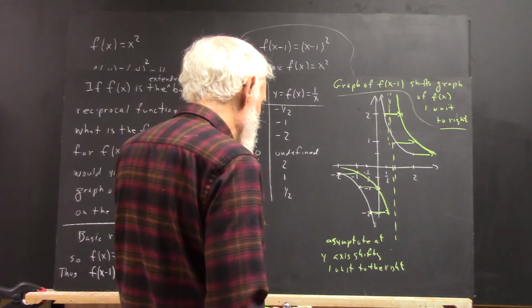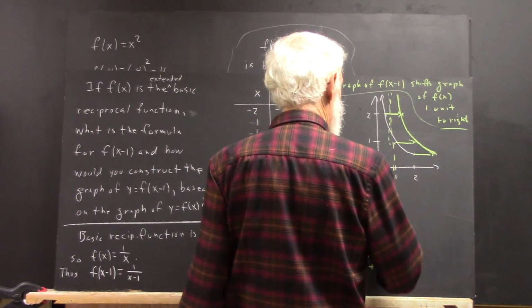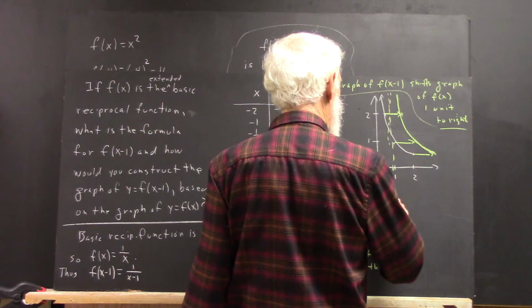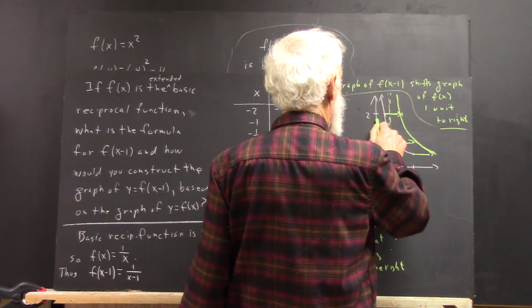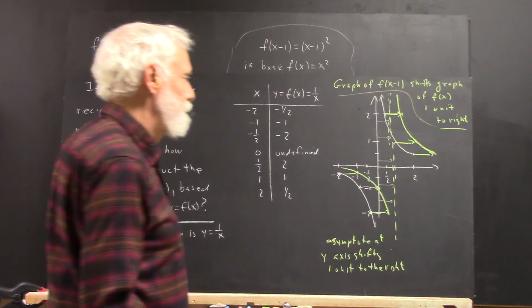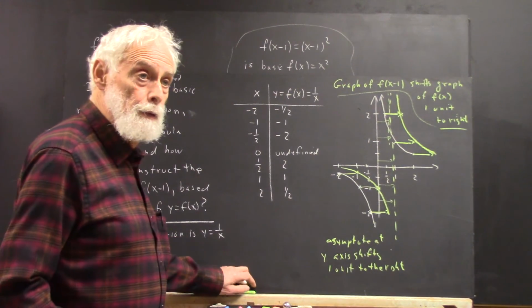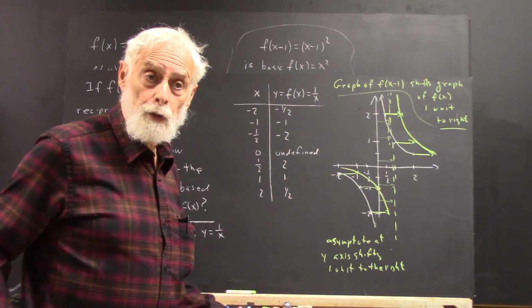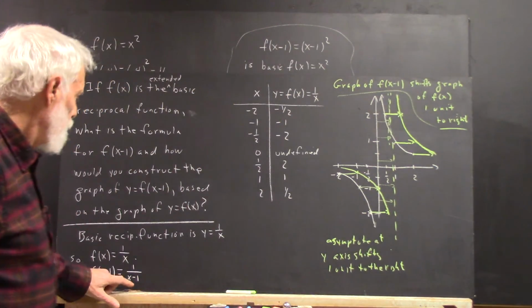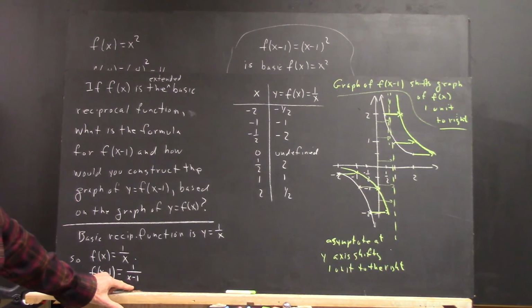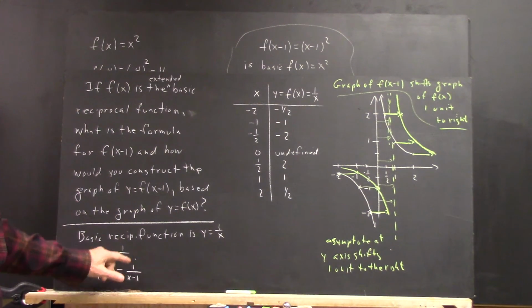So the asymptote of the y-axis shifts 1 unit to the right. So every point of the y-axis shifts over here. And there's a picture of how you can get the graph of 1 over x minus 1 from the graph of 1 over x.